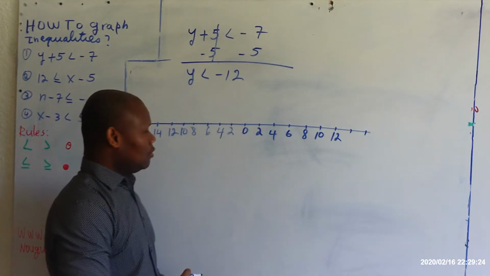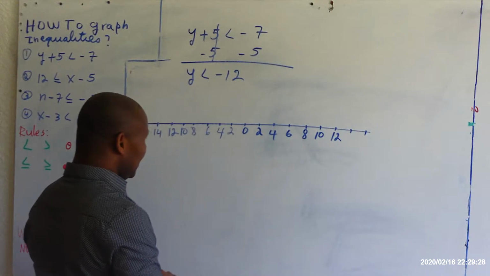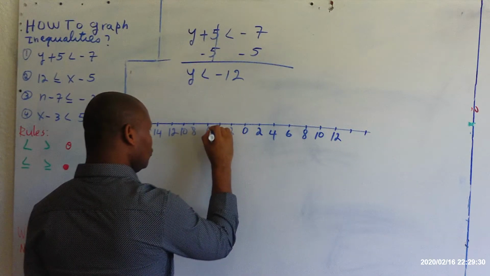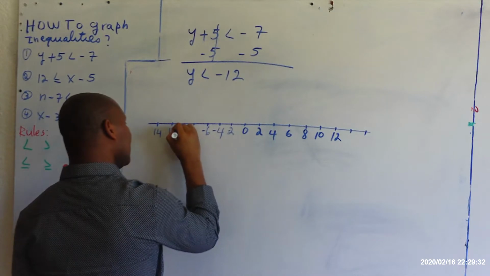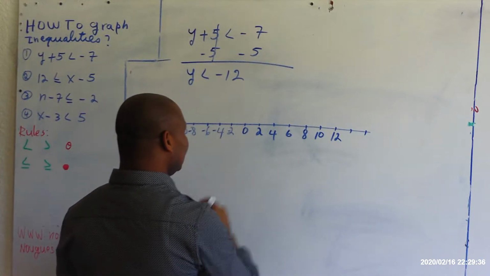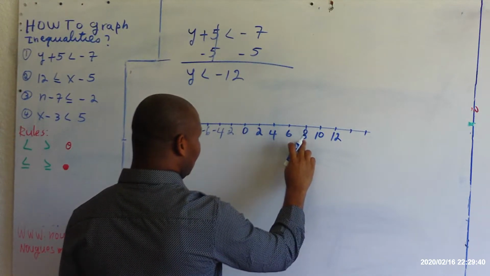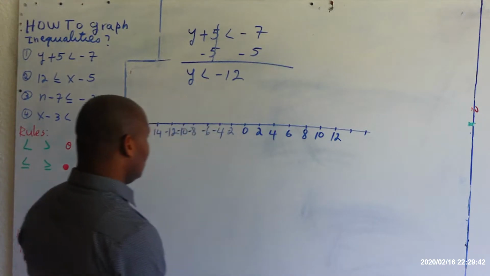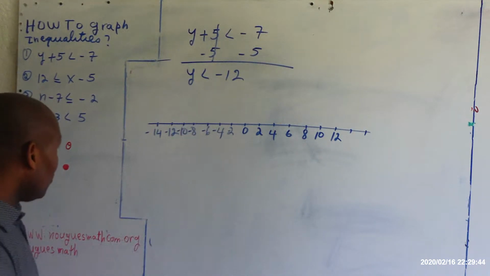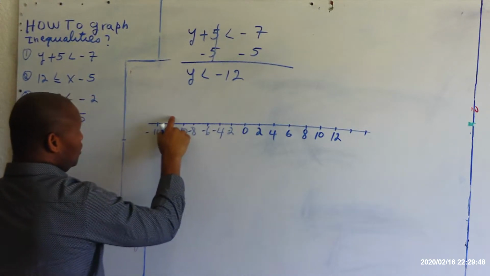On the left of 0, you're going to have negative numbers: negative 2, negative 4, negative 10, negative 12, negative 14. So let's graph it. We have negative 12 right here.